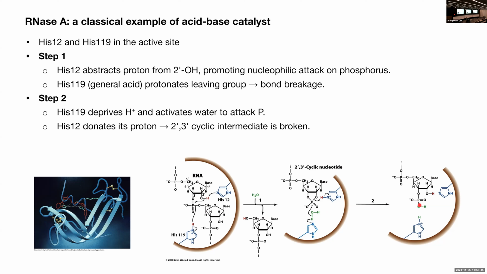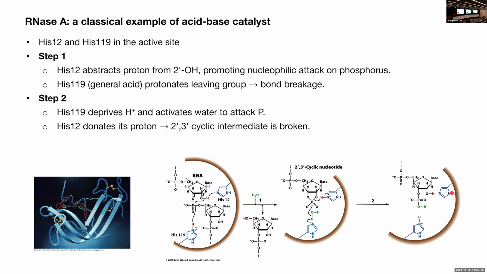So it's going to have the hydroxyl now. Then histidine 119 will recover the hydrogen, its original form, working as an acid now. And histidine 12, which was attached with the hydrogen, will lose the hydrogen and give it back to the 2' of this RNA molecule, making it a leaving group.